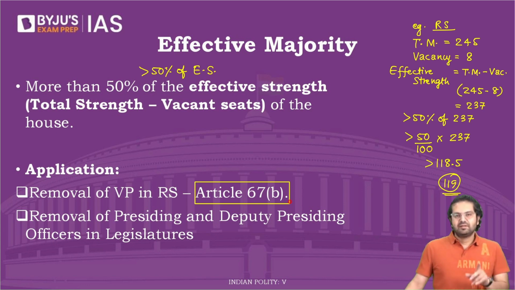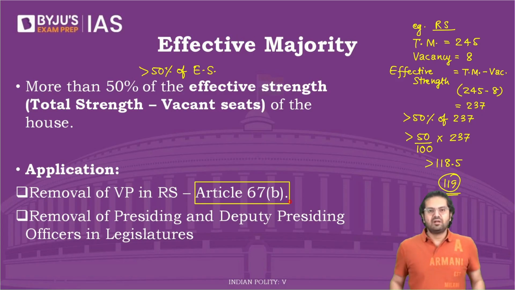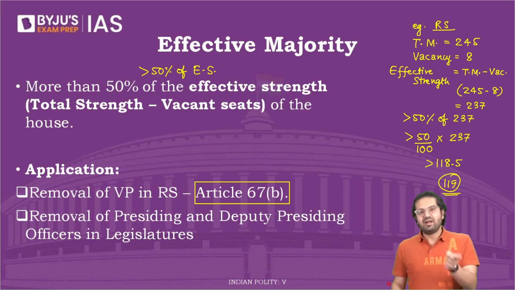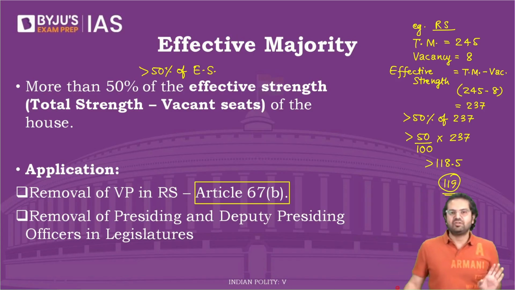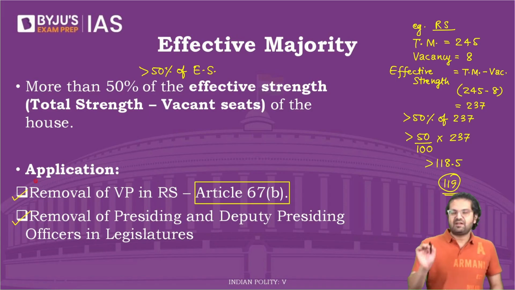Apart from this, the presiding officer of the Lok Sabha, the deputy presiding officer in the Lok Sabha, the deputy presiding officer in the Rajya Sabha, every presiding officer and deputy presiding officer in their respective houses, they are removed by this majority only. Clear? These are the two applications of effective majority.